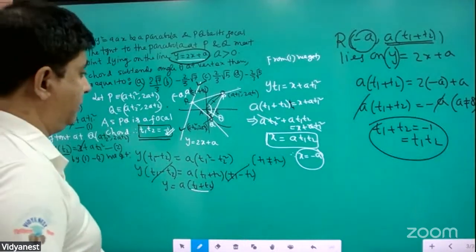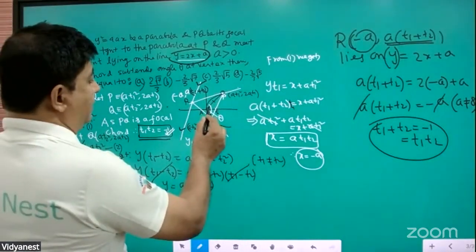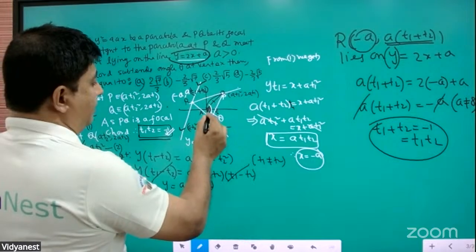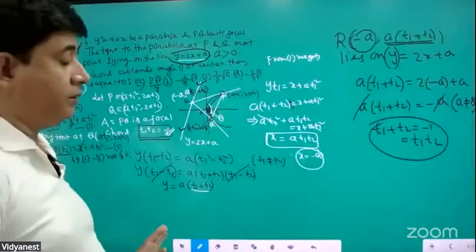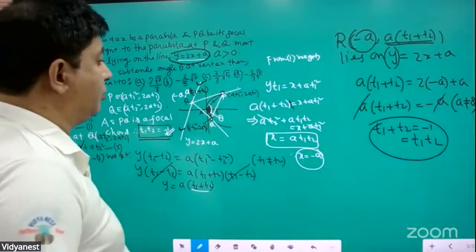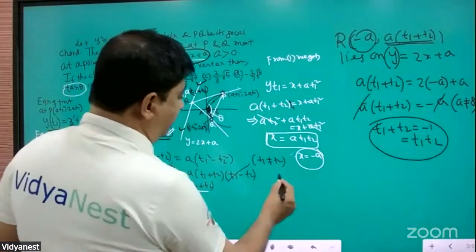You see, this angle is theta. You observe the shaded angle. Now, in straight lines, you are taught the angle between two lines, tan theta.